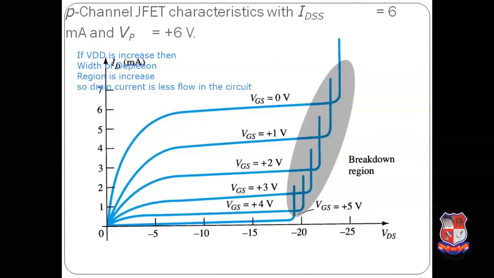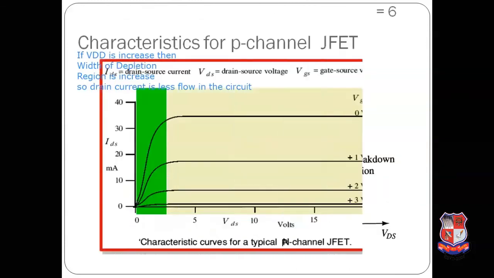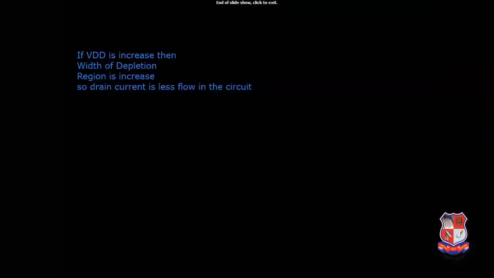So it is the P channel JFET characteristics and N channel JFET characteristics. So please try to prepare this video very carefully and please try to understand this video very carefully. Thank you very much.